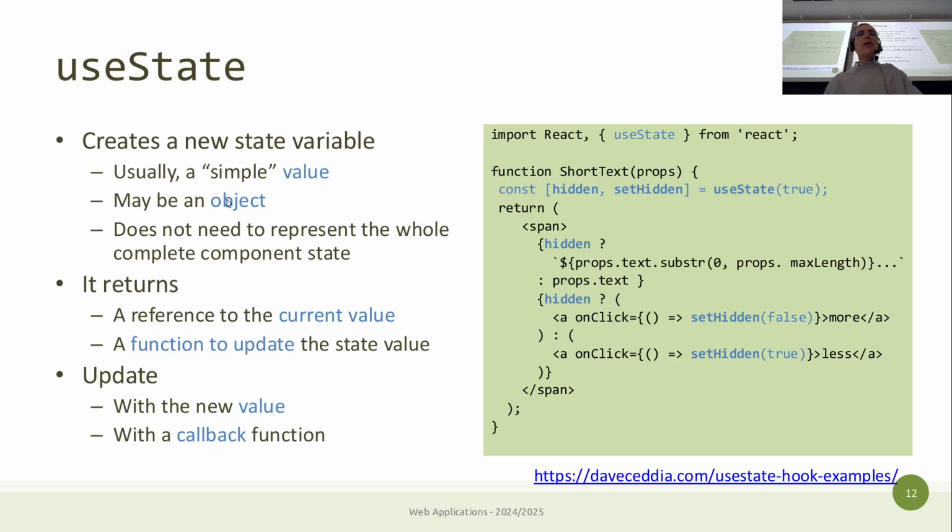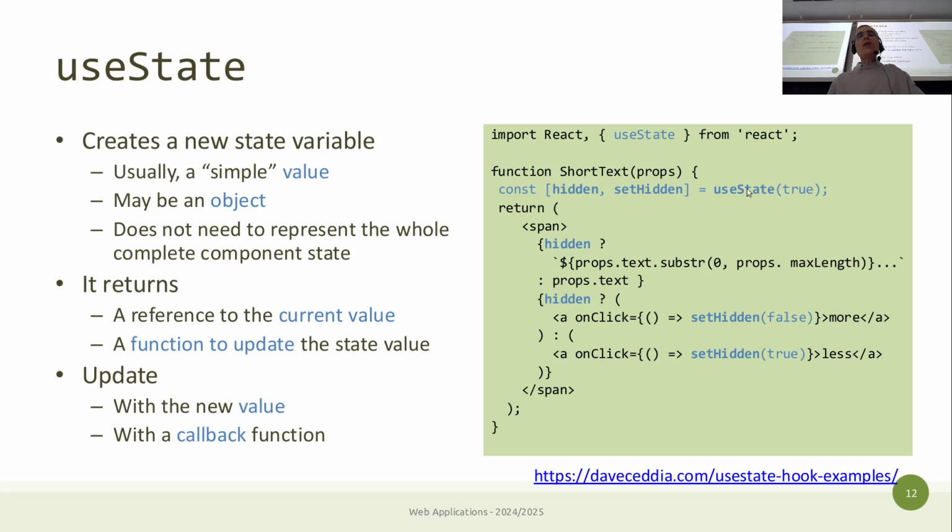It can be an object, it can be an array, it can be anything that makes sense in JavaScript. So any JavaScript type. Typically, it's either a string, a number, a boolean, or an array, or an object. Okay? It does not need to represent a whole complete component state, so it can be a piece of the state of the component, because we can use the hook, the useState call, more than once, and we will see later in other examples.